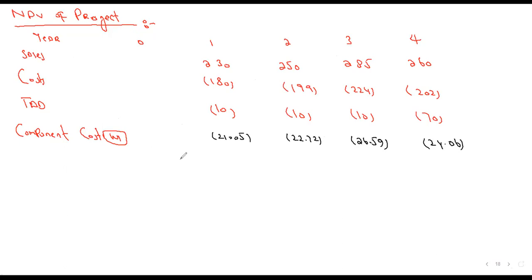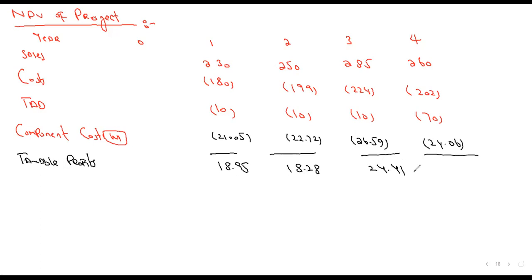These are the component costs. These are your taxable profits: 18.95, 18.28, 24.01, and 36.06 negative.